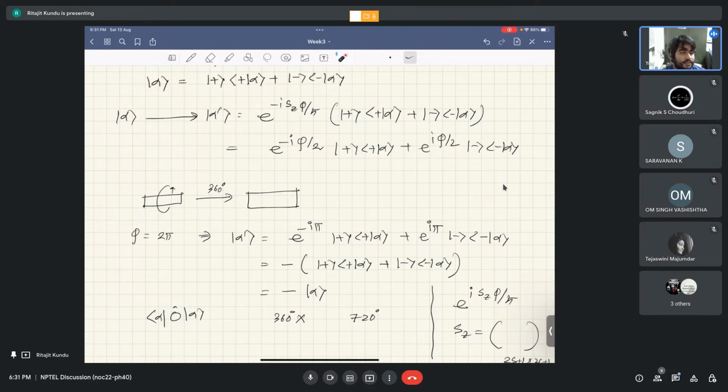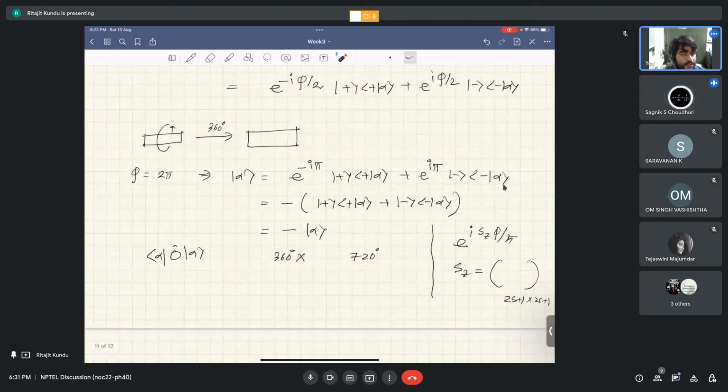So is that clear, or are you making another comment about it? No, sir. I know that it will come to the same state after 2 pi. That's what I'm asking, sir, this equation, with the power of minus i phi by 2, it changes, right? Yeah, this will change. You will not have these half factors for the bosonic case. So that's why there will be no problem.